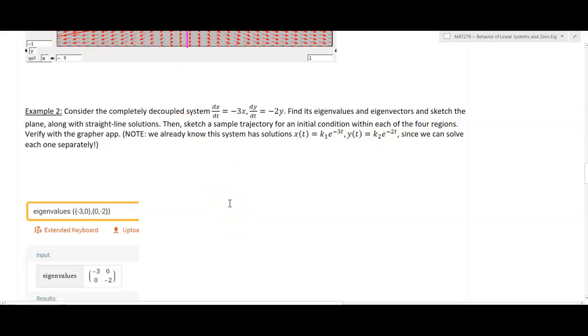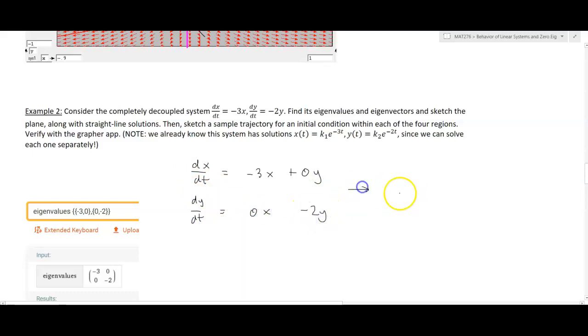So the first thing we need to do is write our system as a matrix equation. So we'll have dx dt equals negative 3x. We have 0 y's in it. dy dt will equal 0x minus 2y.